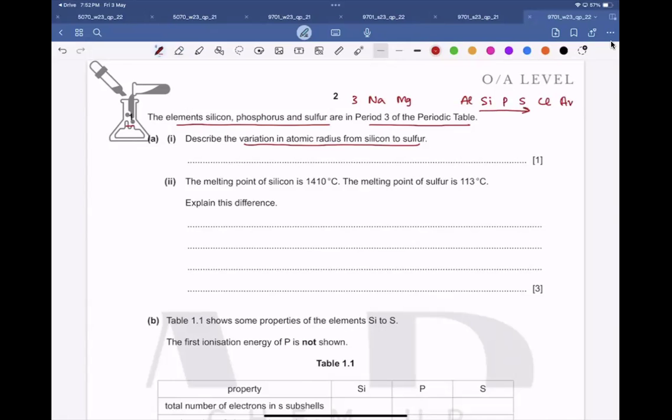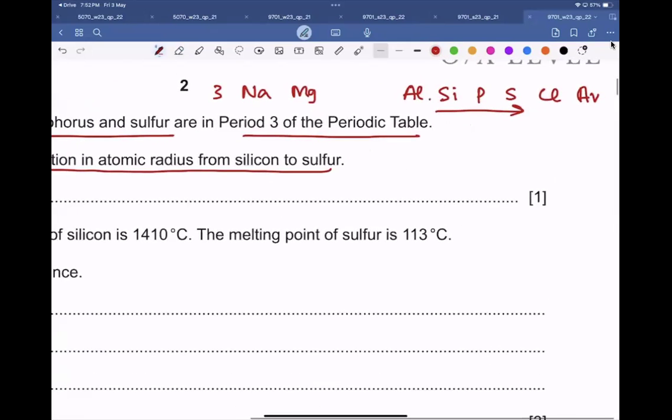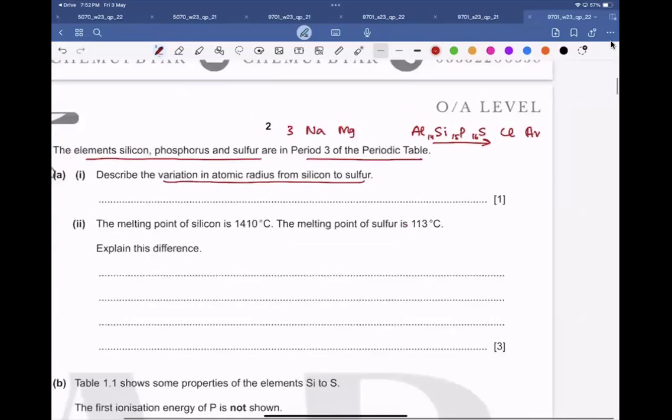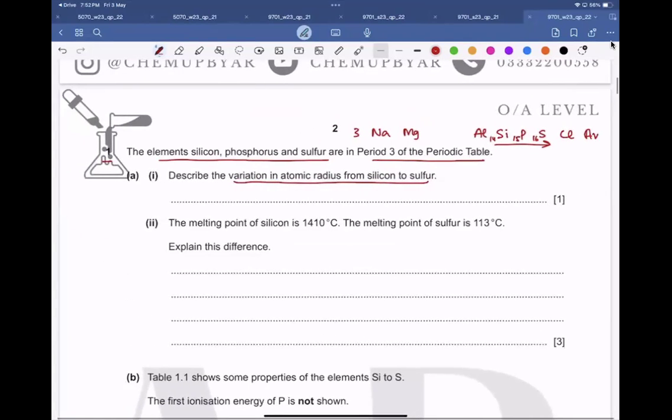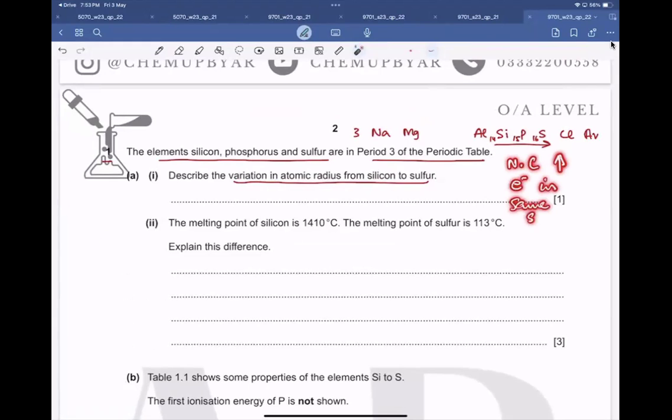If you look in the periodic table, you will find silicon's atomic number is 14, phosphorus is 15 and sulfur is 16. So what is happening? The nuclear charge is increasing and the electrons in the same shell are increasing.